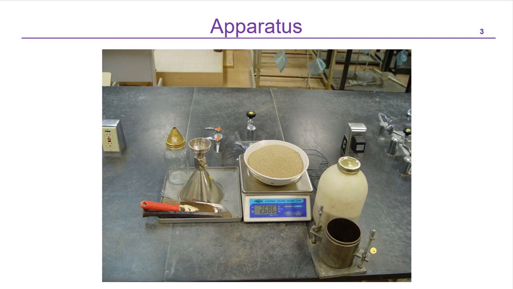This is a standard mold. Remember, this mold is 4 inches in diameter, and it is the same mold that we use in a Proctor test. It has a volume of 943 point something, so we can say 943 cubic centimeters. Why do we need this mold?